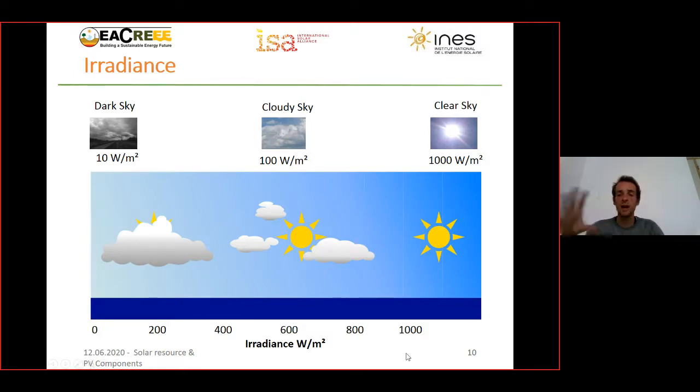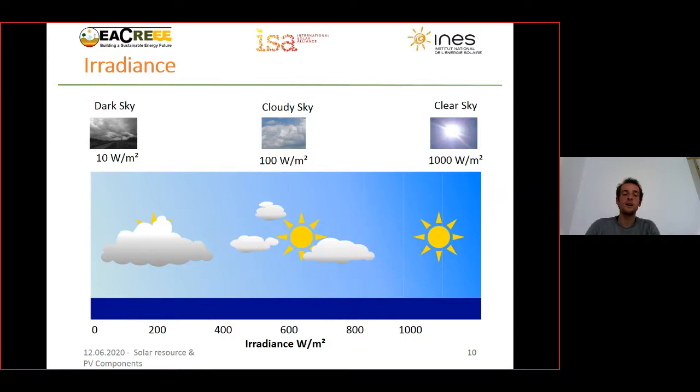If you add some clouds in your sky, so if you have a cloudy day, for instance, you will get less power, of course, from sun. So you will go from 1000 in clear sky condition to 1,000, 2,000 maybe watt per square meters if you have a lot of clouds in your sky.